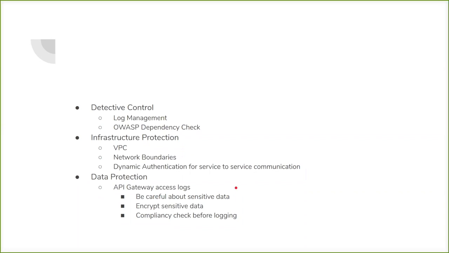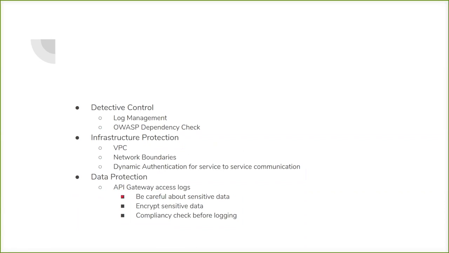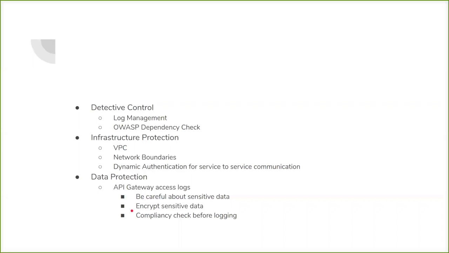So you can always encrypt your sensitive data and pass it down to API Gateway, because then what gets logged is the encrypted data. Or you can always skip logging this sensitive data. And always check your compliance: what your application needs, and what things you have to be compliant with when it comes to logging.